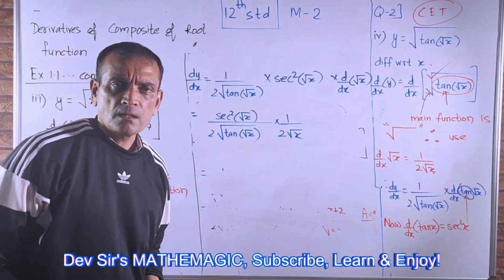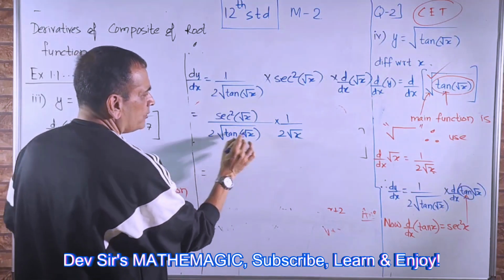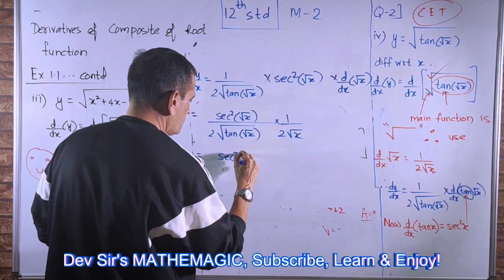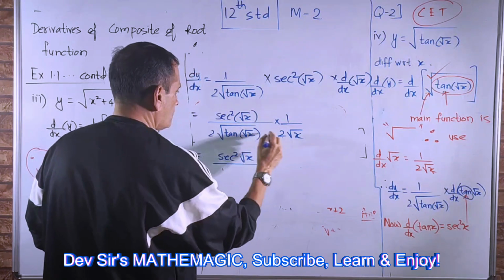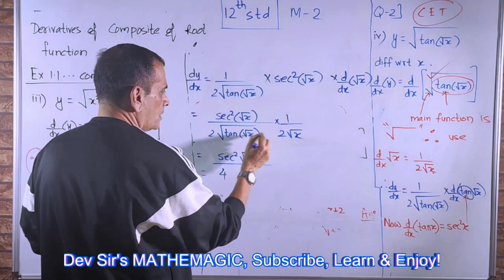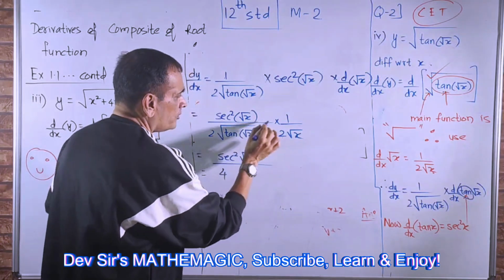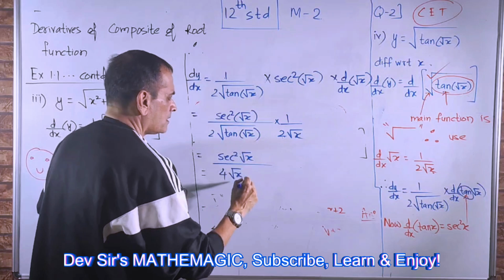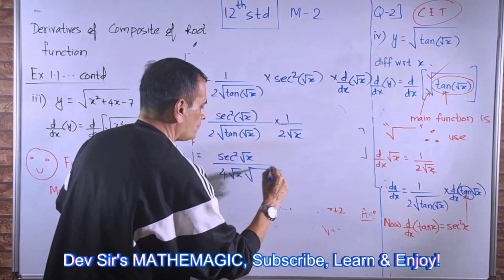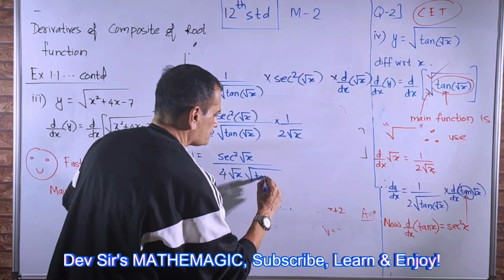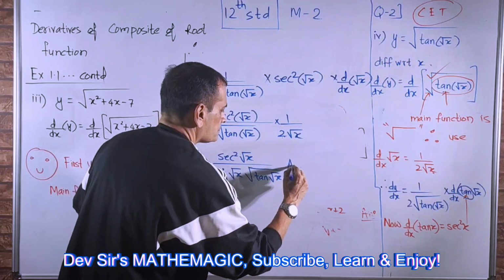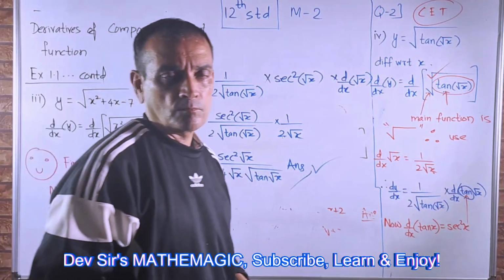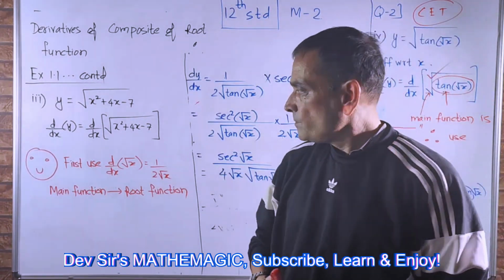Now this is our answer. Better way of writing, 2 into 2 is 4. LCM नहीं है, multiplication है. 2 into 2 is 4. Root x, and that is our answer. समझ में आया सब?